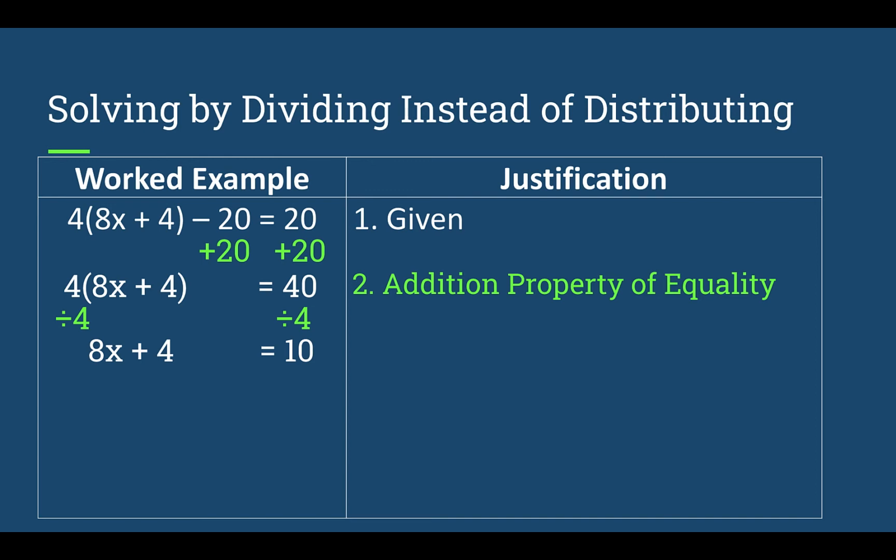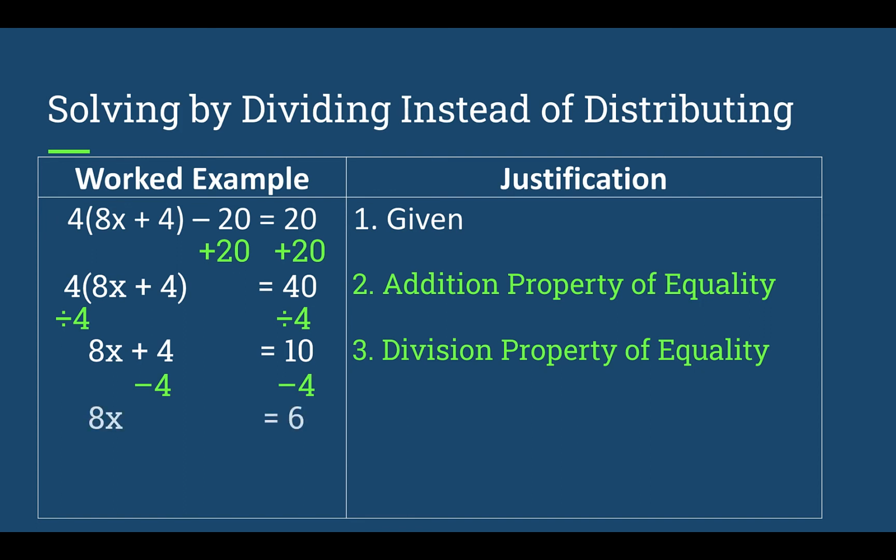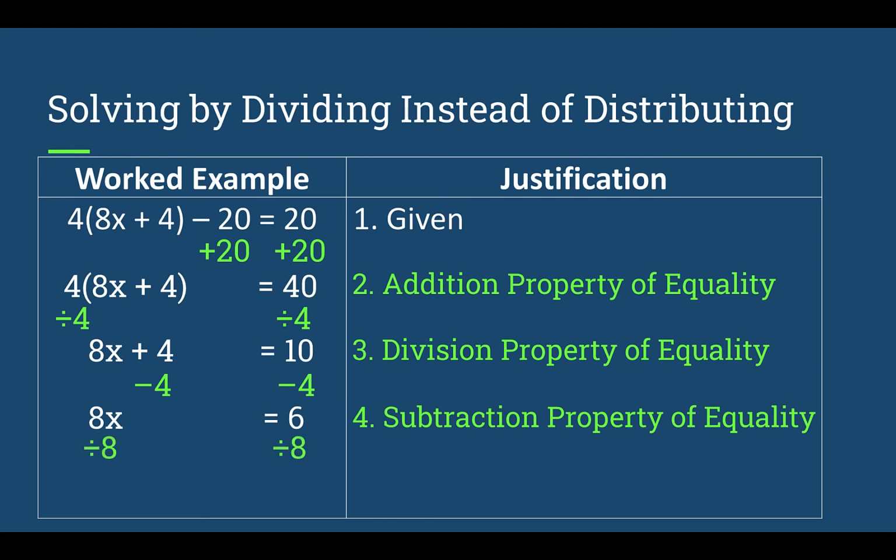Now I can go through solving how I've been doing before. So subtract 4 from both sides, 8x equals 6, using subtraction property, and divide by 8 using our division property, and I would end up with x equals 0.75 or 3/4.